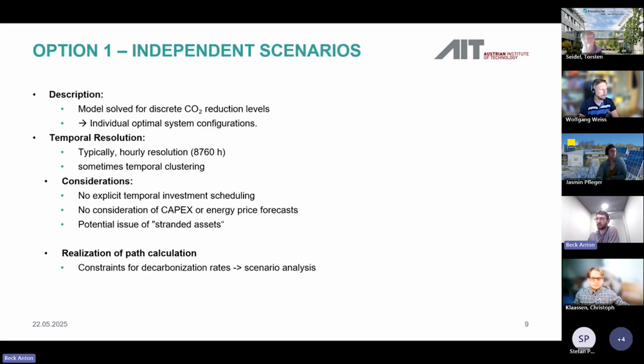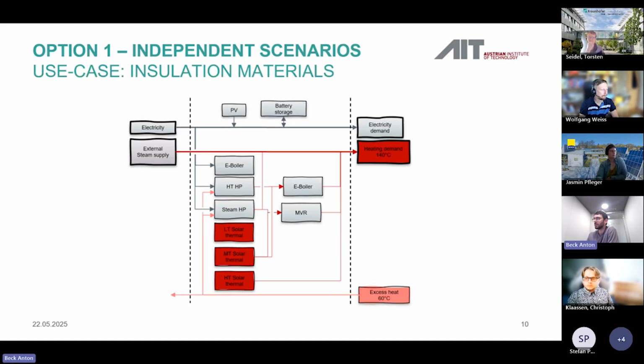We don't have the actual years in the back. We cannot really consider some forecasts for capex, like certain technologies will get cheaper in the future with their uptake, and with this approach, this is not easily considered. And also stranded assets cannot be avoided. So for the intermediate decarbonization rates, we might end up with oversized equipment, as I mentioned before.